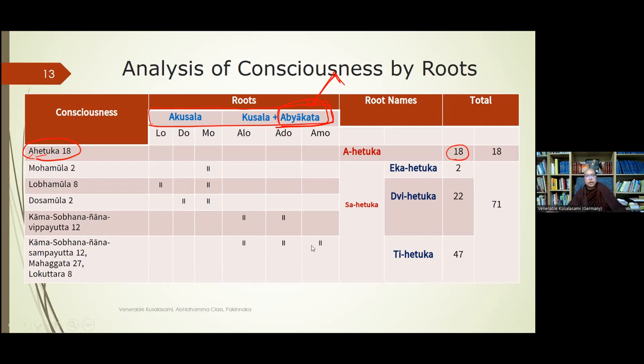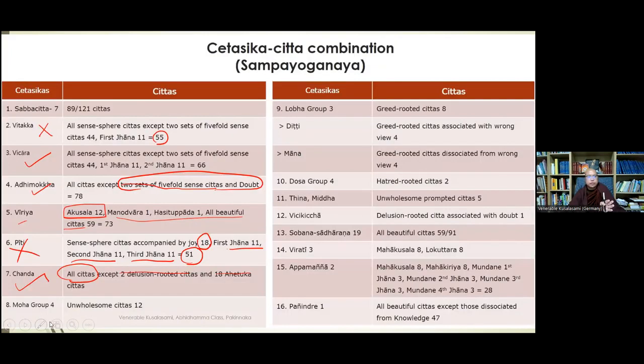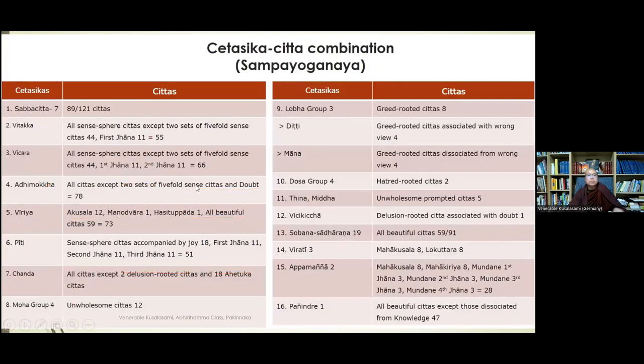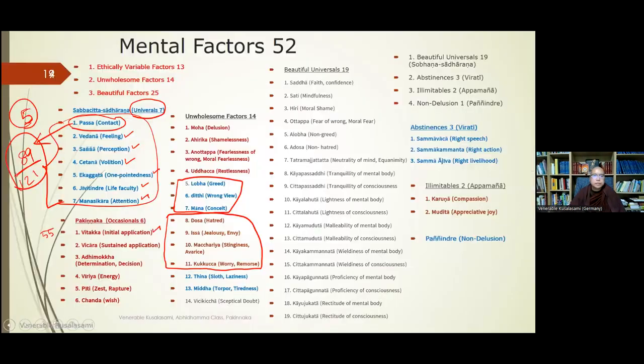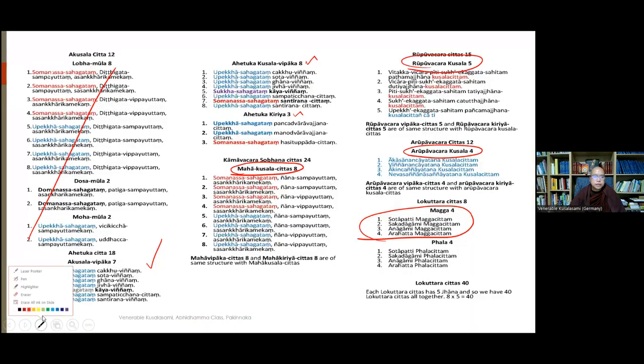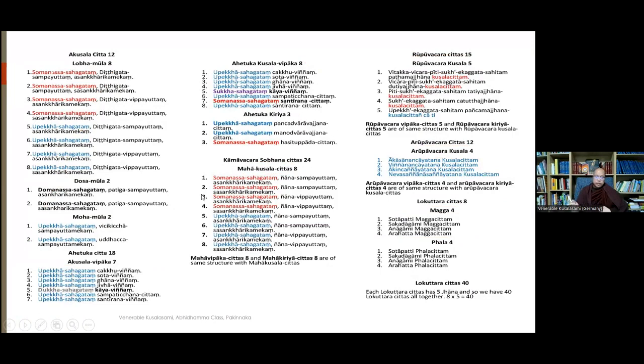The next step is how we can know it is called ahetuka. According to the second chapter, I think this is maybe helpful. So 18 ahetuka, rootless consciousness.